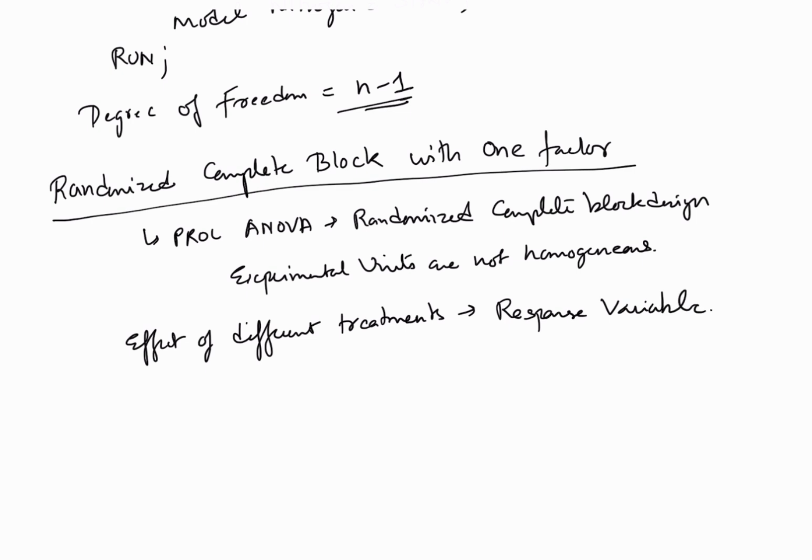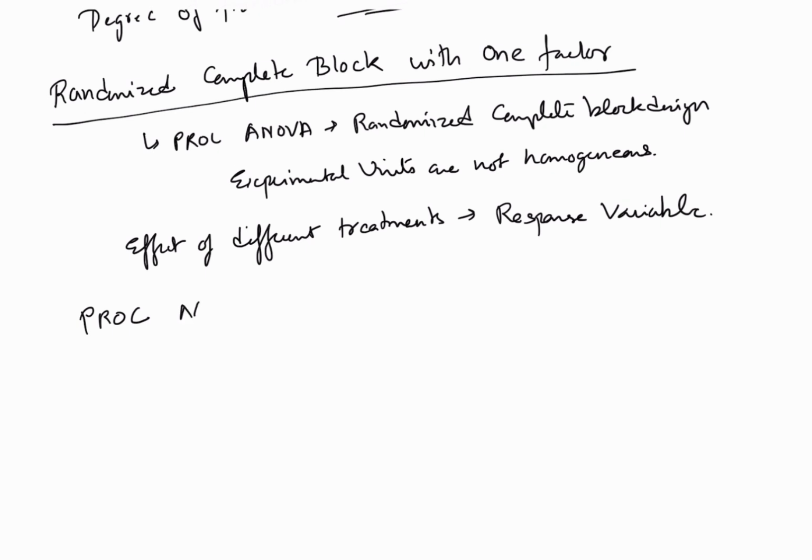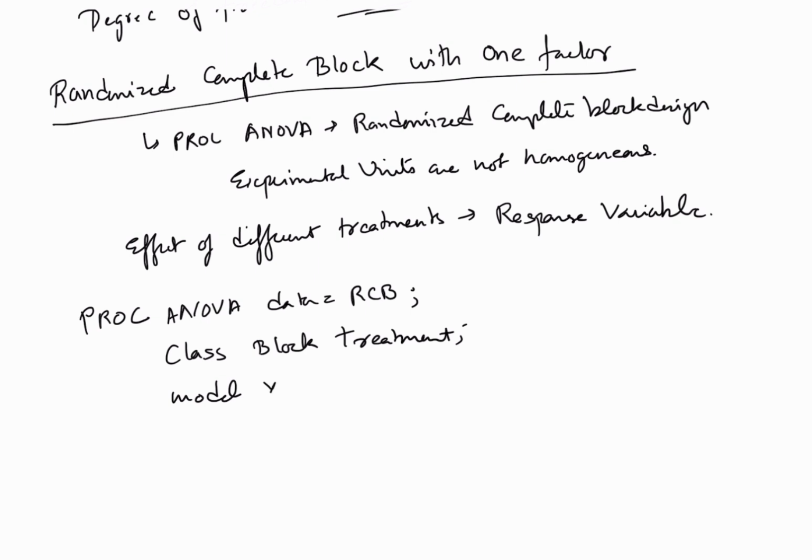So the example could be, let's say, you can write PROC ANOVA data=RCB; class block treatment; model yield=block treatment.